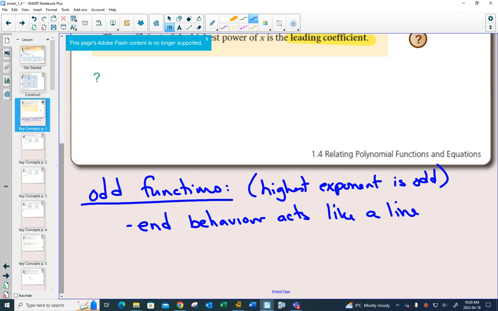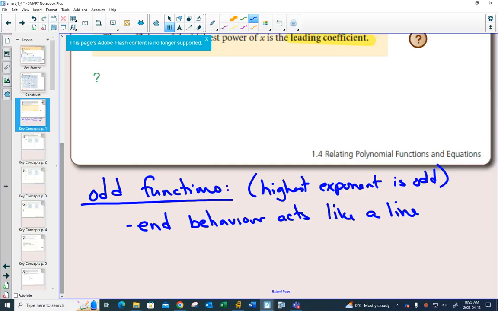We're going to say that its end behavior, where the graph ends, is going to act like a line, because you've graphed lines before. You know that lines with a positive slope go up from left to right. Lines with a negative slope go down from left to right.